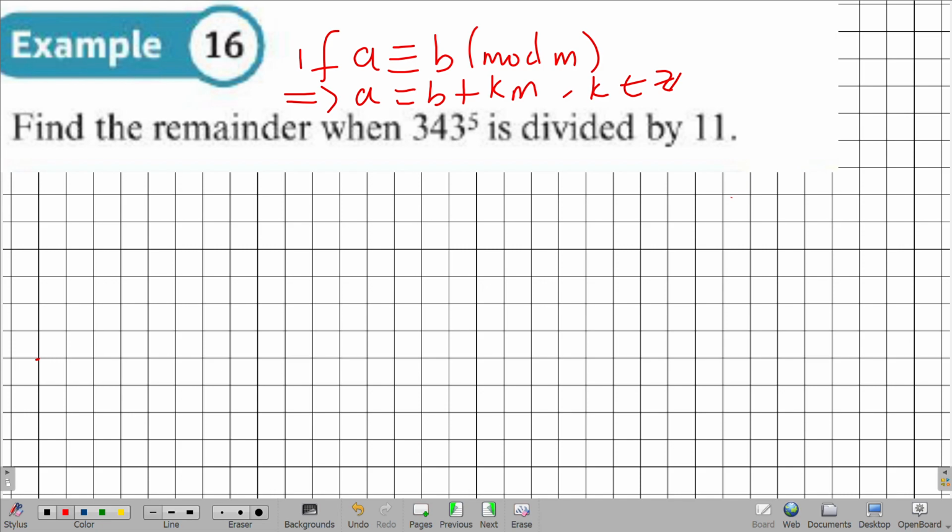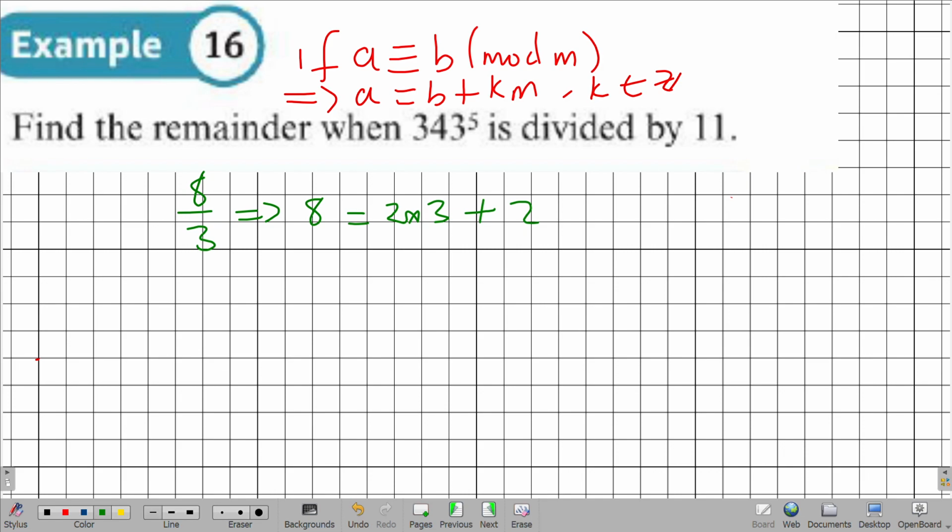I would say it's common sense as well, in a way, because all you're trying to say is, suppose you've got a number, say 8 divided by 3. This can be written as 8 is equal to 2 times 3, because there are two 3's in 8, plus a remainder of 2.